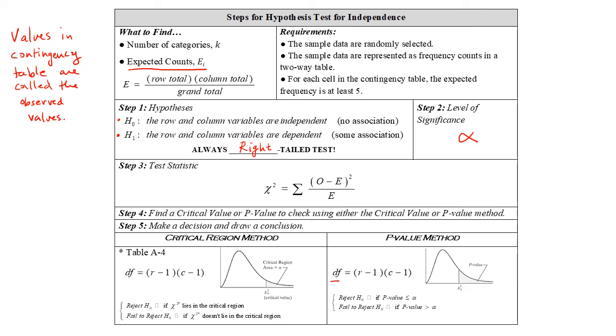But it'll always be this kind of skewed to the right graph. And luckily, we'll be able to use our calculator to help us compute the chi-squared value and also the p-value for us. So we won't necessarily need to worry so much about the degrees of freedom, since that'll all be given in the table that we enter as our input.